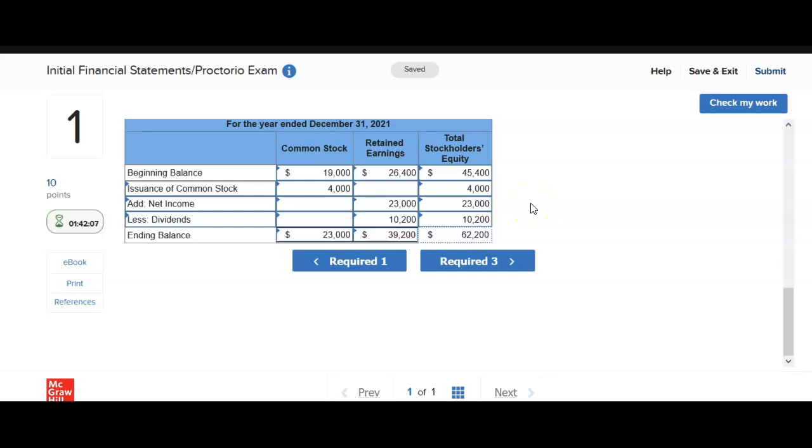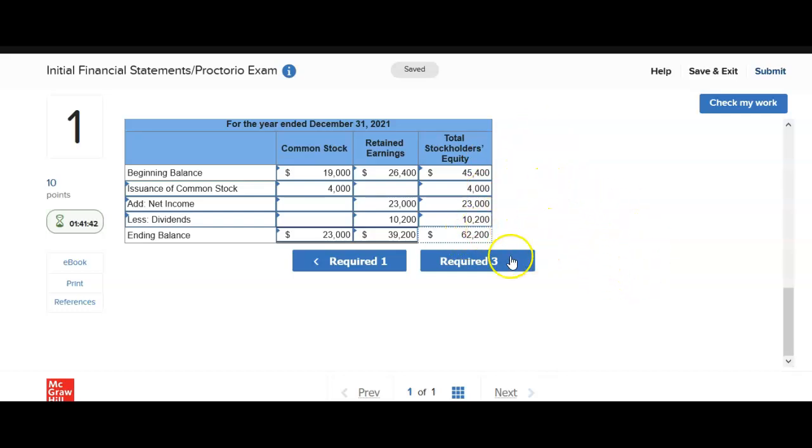Okay. I'm going to go down and check this. So I'm going to take the 45.4 plus 4. I am typing the numbers into my calculator as I do this. Plus 23. Now let's take away the dividends of 10,200, and there's 62.2. All right, so that adds down. Of course, you subtract out dividends, it adds across, down and across.